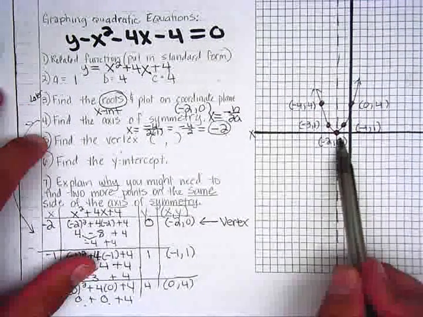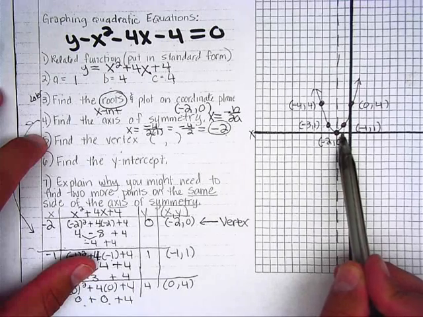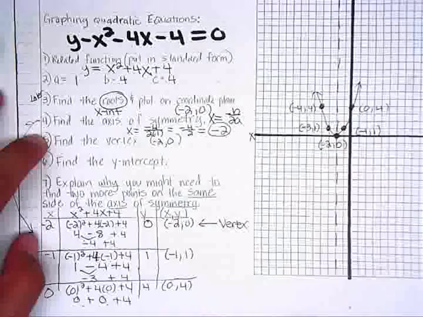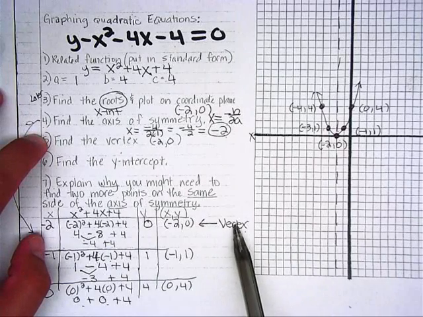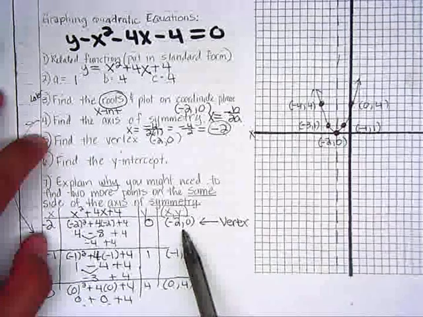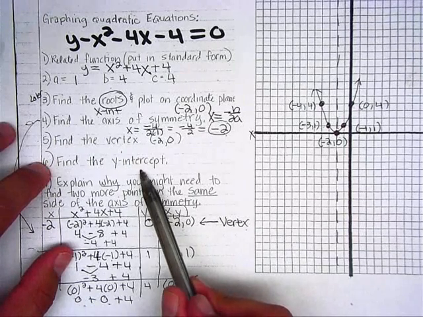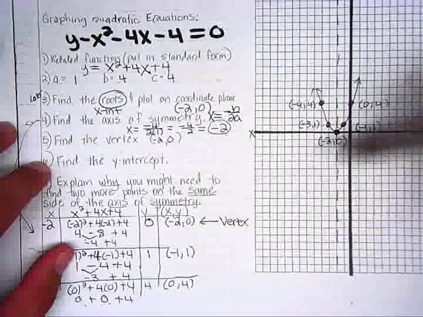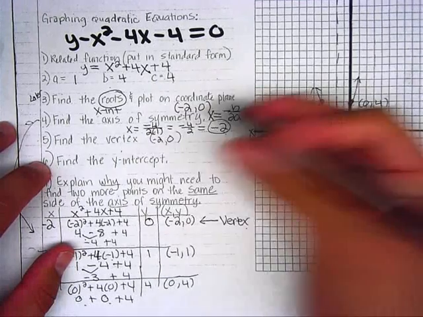The vertex is the lowest point on my parabola, which is also negative 2, 0. Remember how I said this is a vertex? You can also get the answer from right here. Y-intercept. The y-intercept is the point that crosses the y-axis, and it crosses at the point 0, 4.